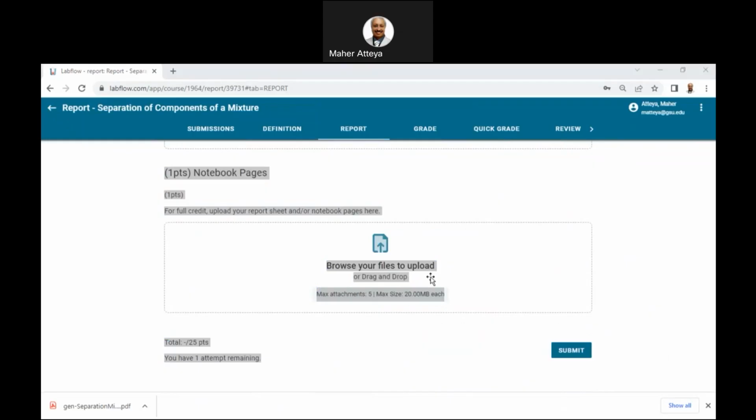So you can see this is right here after entering the whole data into the Labflow simulation.